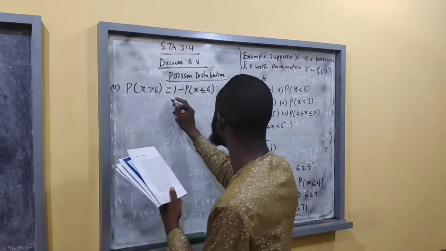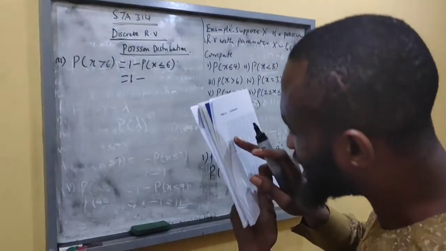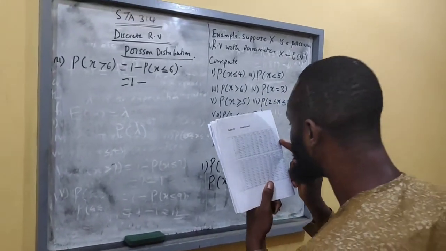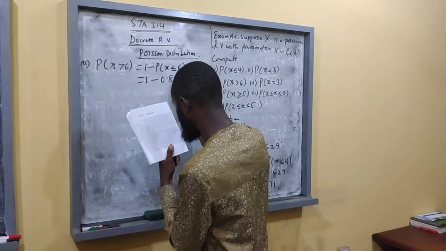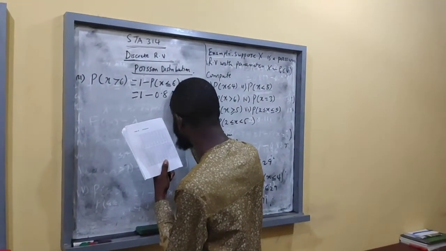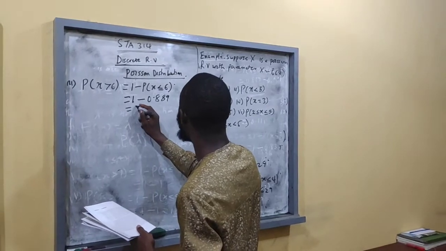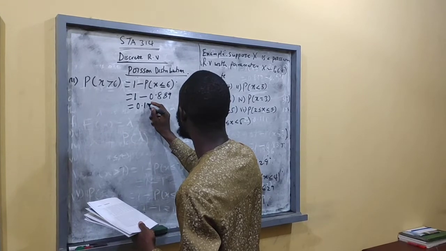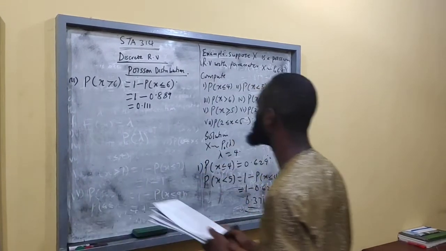And to check this, we are going to have 1 minus, now the same point 4, then trace it to 6. I'm going to have what? This is 0.889. Then this will give me 1 minus 0.889, which is 0.111. If I'm correct, you can check.